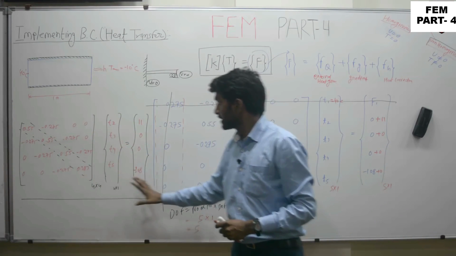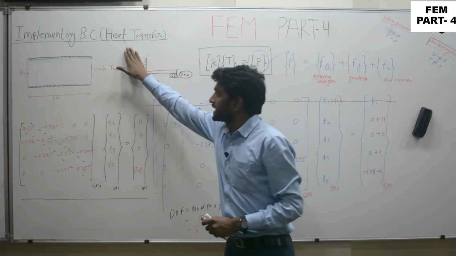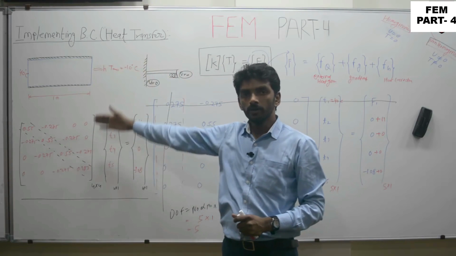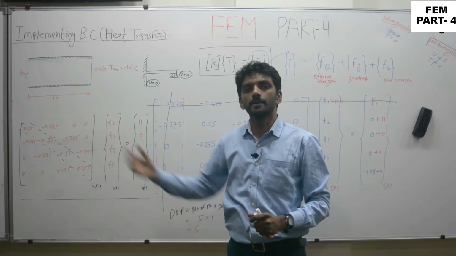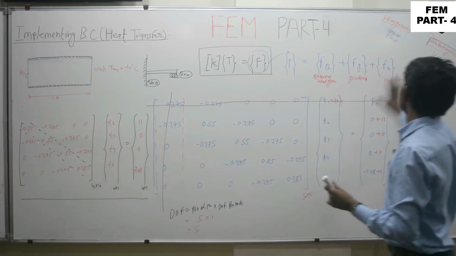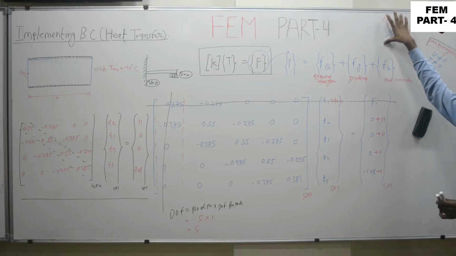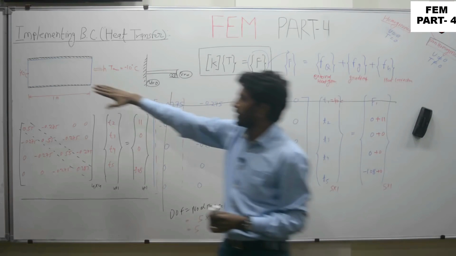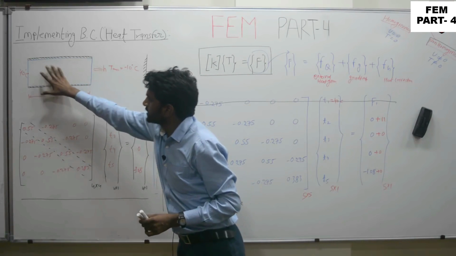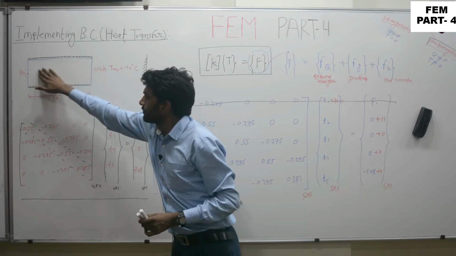In summary, in a heat transfer problem, to implement the boundary conditions, we have a separate approach because we were applying non-homogeneous boundary conditions. In a structural problem, we apply homogeneous boundary conditions. To solve this problem, we discretized the domain into 4 different parts.